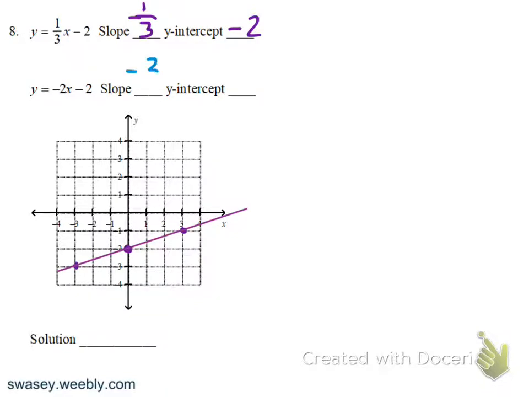For the second one, slope's -2/1, y-intercept's -2. Put a point at -2, go down 2 to the right 1. And you should be seeing that they intersect at the point 0, -2.